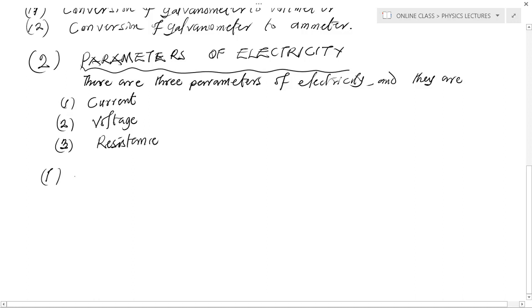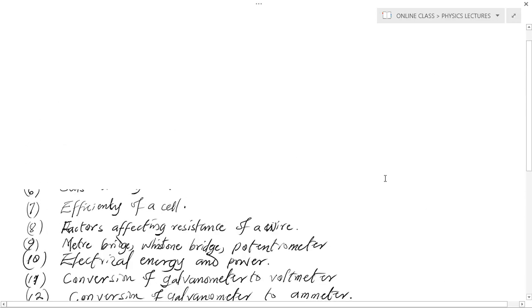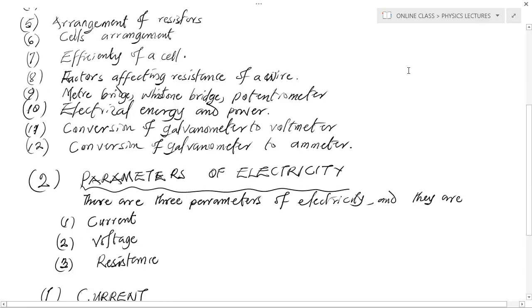One of the parameters, I said, is current. What is current itself? Current can be defined as the rate of flow of charge. That is why you see some people will tell you that electricity is the study of flow of current, while I define it as flow of charge here.